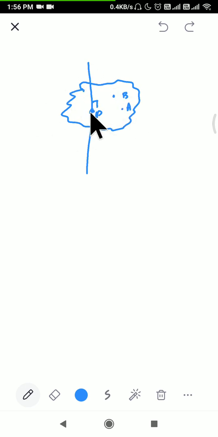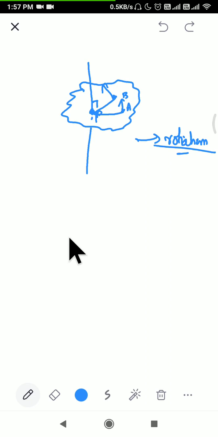Then with respect to point B, all other points will be in circular motion, and with respect to this point, they will be moving in some other direction. So all the points are in circular motion, and the whole object is said to be in rotational motion. This is how we define rotational motion.